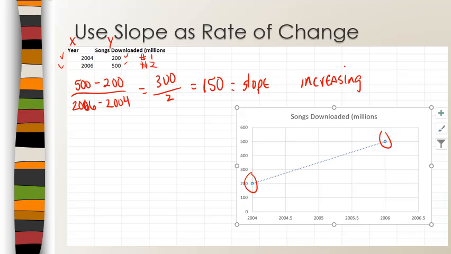Now we're looking at C. If this trend continues at the same rate, how many songs will legally be downloaded in 2020? Now, we're going to be talking about something called slope-intercept, which is y equals mx plus b, where m is the slope and b is the y-intercept.